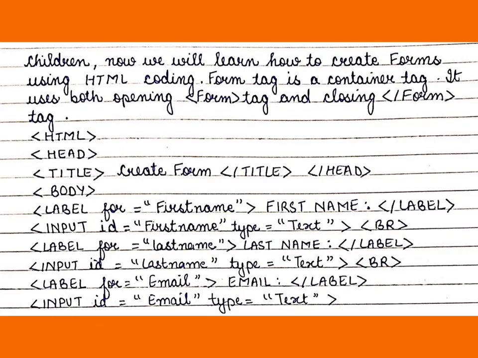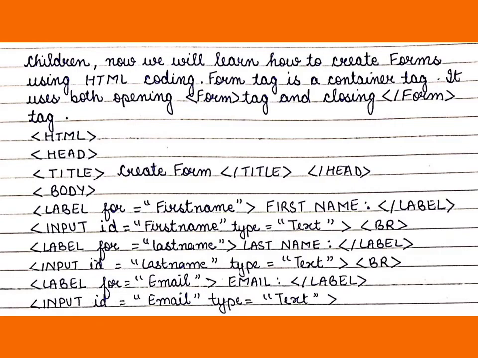Under body tag, the label tag will be used for creating the titles of your form. Here we have used label for is equal to first name. Write the first name and close the label tag.